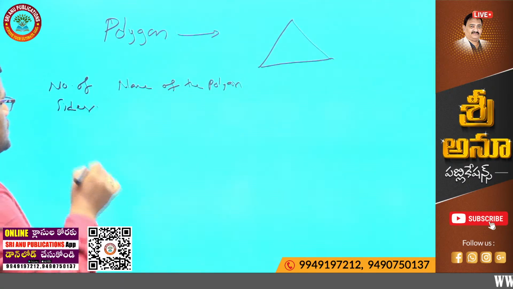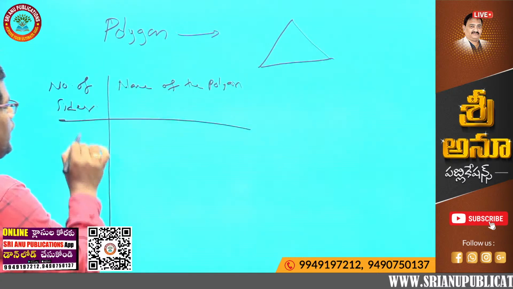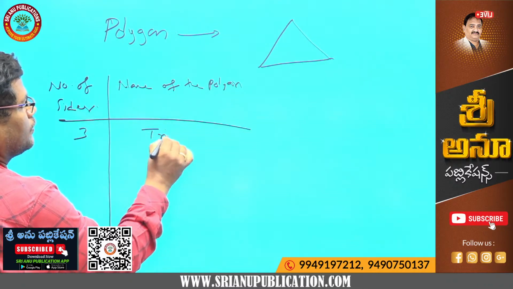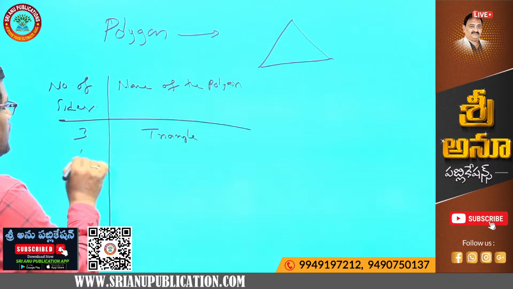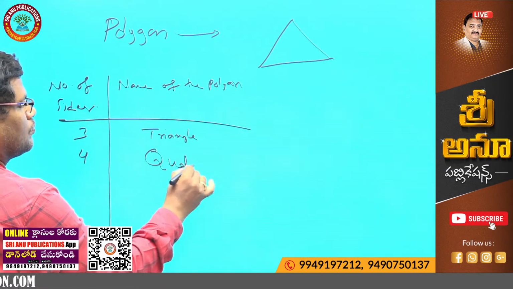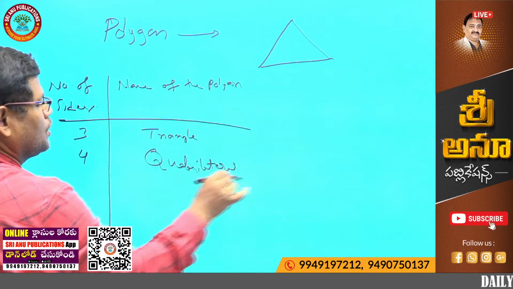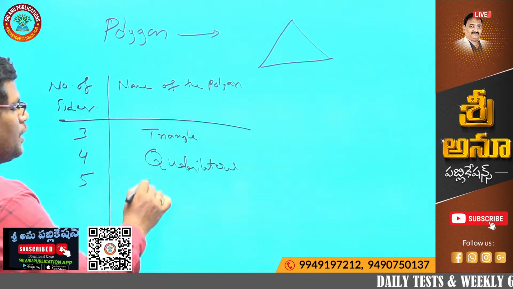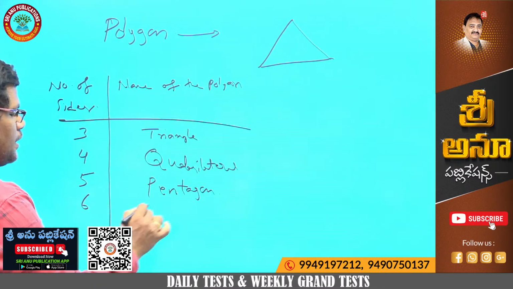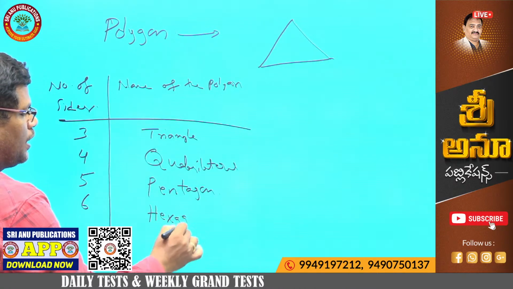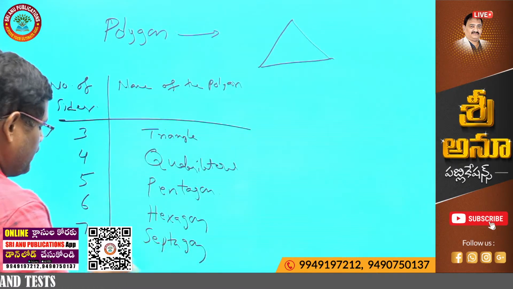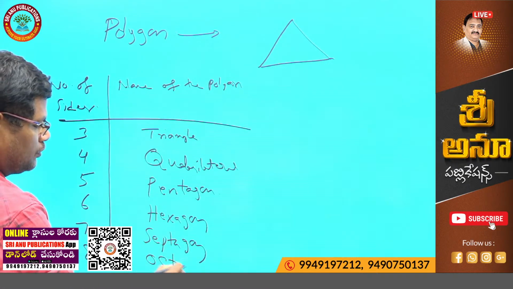Suppose we take 3 line segments or 3 sides, then it is called a triangle. 4 means quadrilateral. 5 means pentagon. 6 means hexagon. 7 means septagon. Next, 8 means octagon.